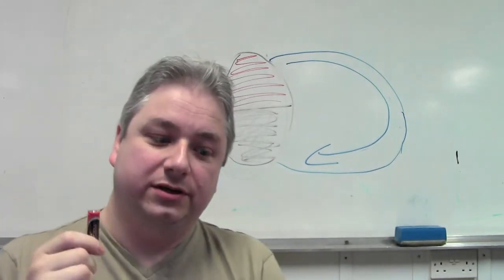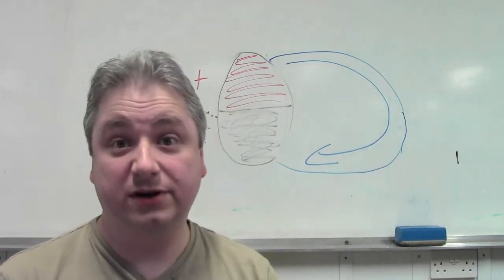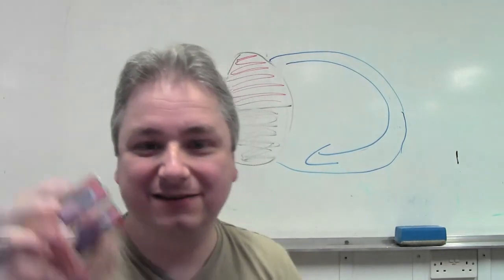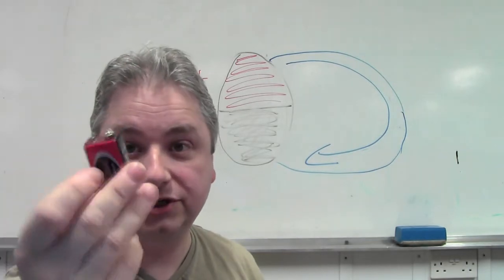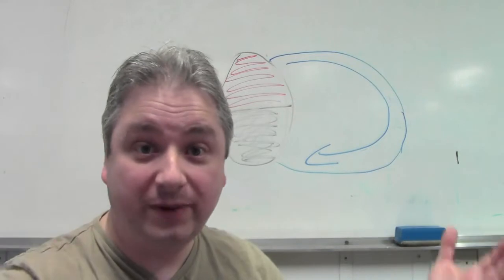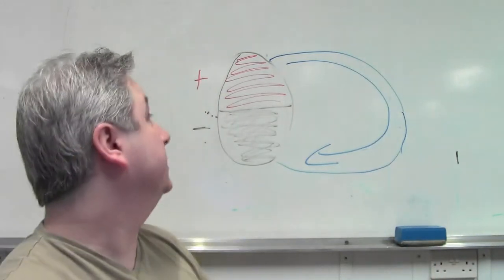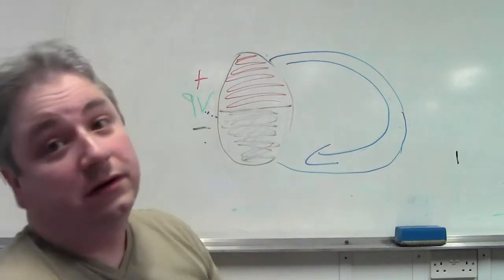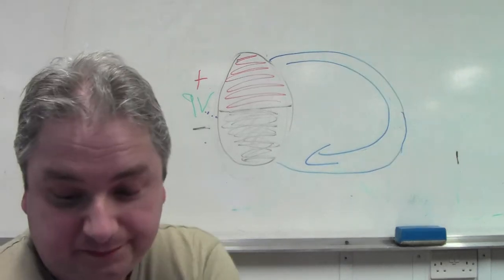All secondary sources of voltage, secondary voltage sources are predominantly storage devices, okay? They contain a set amount of voltage. So if this was 9 volts, which it is, it contains 9 volts of power, essentially. So this would be 9 volts. Simples.